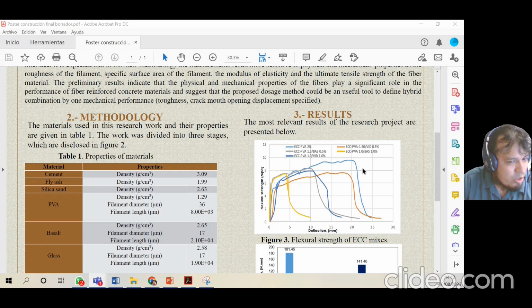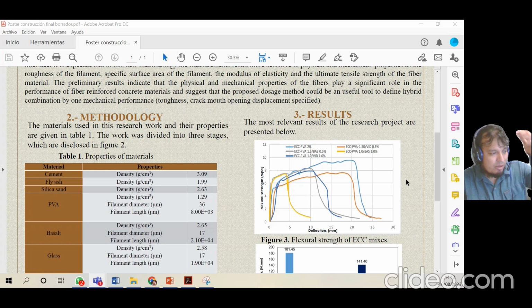And we can observe that the post-cracking behavior obtained was a hardening behavior, because the post-cracking flexural strength obtained by the fibers was better than the flexural strength obtained only for the concrete.